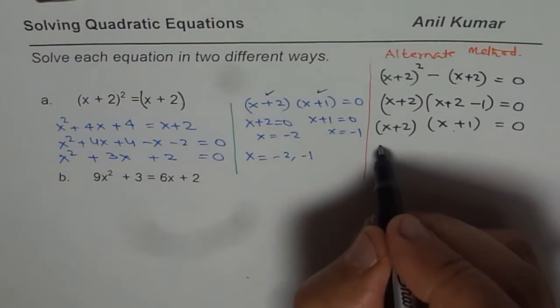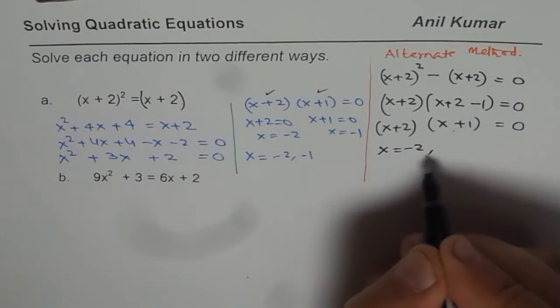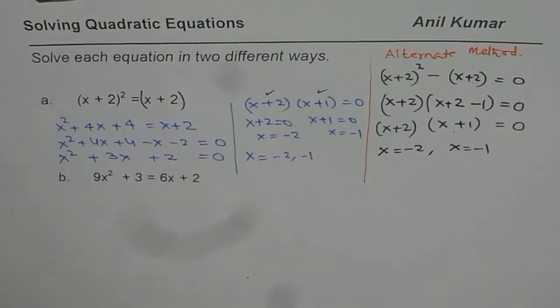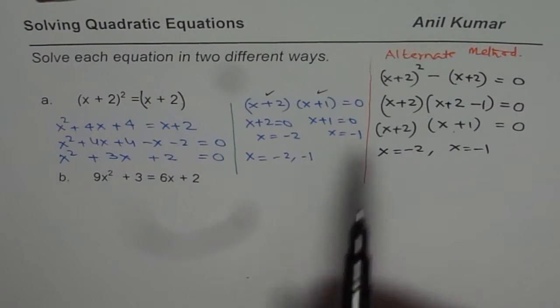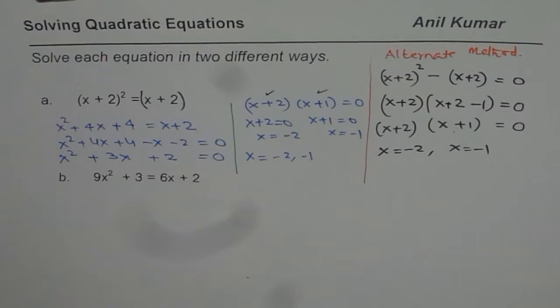So we get two answers, x = −2 and x = −1. You get the idea. This is a very efficient way of doing it. Whenever you get a chance to factor, always apply factoring. That is how you should be solving such an equation.